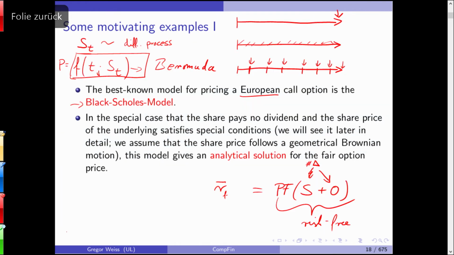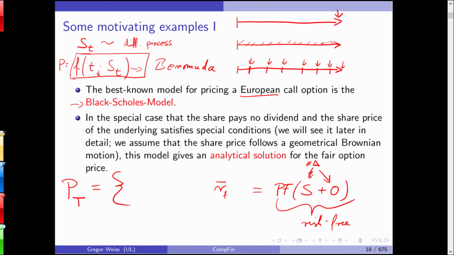You do know one price of the option. When do you know the price of the option? For sure, at maturity. Because if you are at point capital T, at the maturity of the option, you know that, for example, the call option will pay out what?